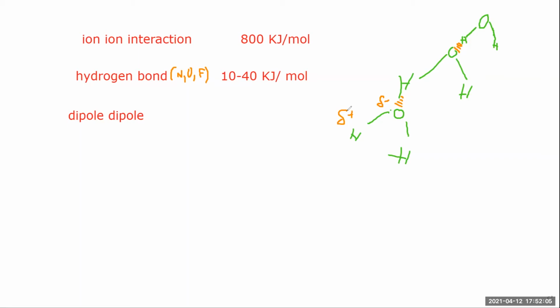Okay, and so we distinguish between them because, for instance, we have sulfur dichloride. In the case of sulfur dichloride, we have a dipole situation going on as well, right?